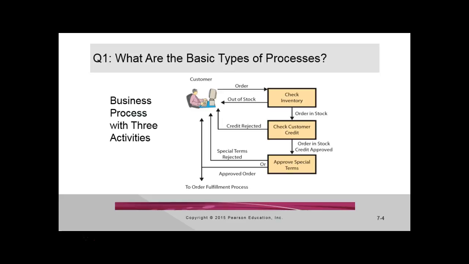That's changing resources. So how can I change resources in this process with information systems to make it more efficient? What could I do? What could I do for credit check, for example? How have businesses made the credit check process more efficient?